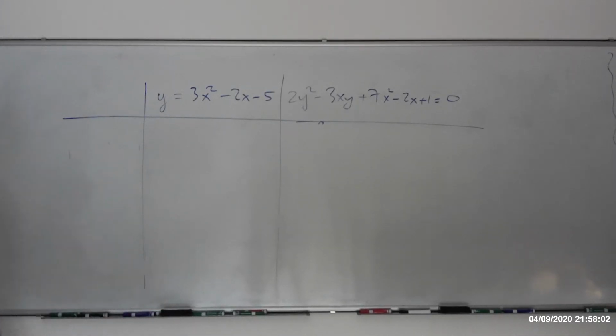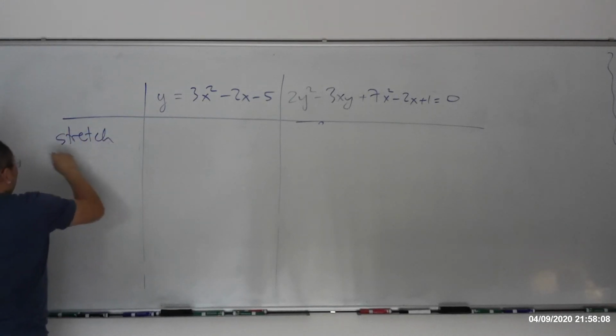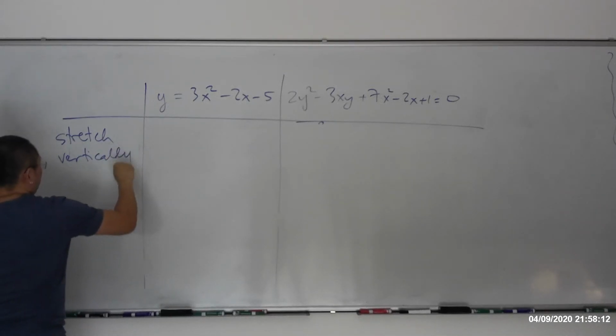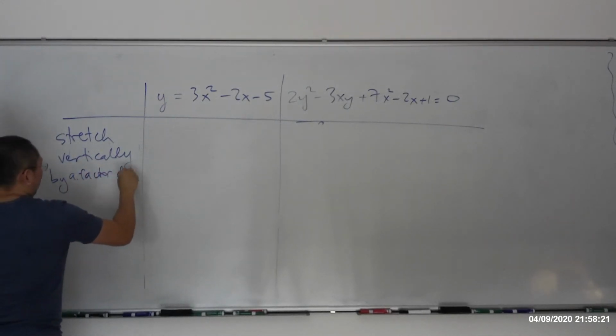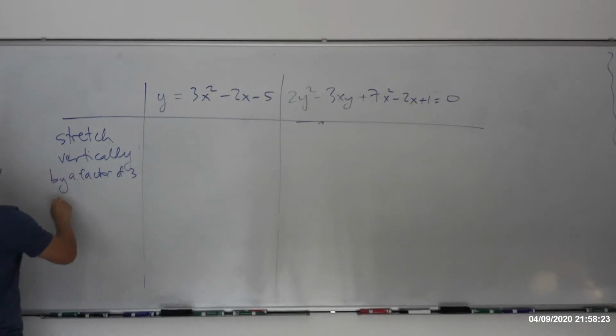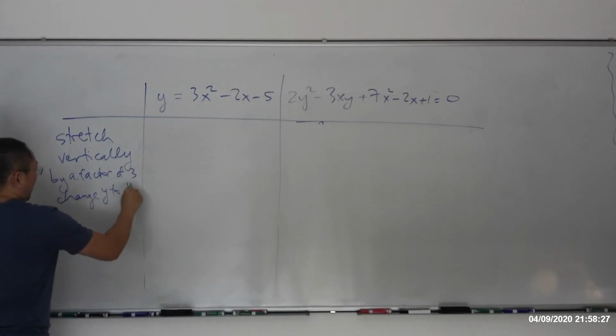You're going to change, of course, the y value again. And this is how we're going to change. Stretch vertically by a factor, say, of 3. What you need to do is you change y to y over 3.